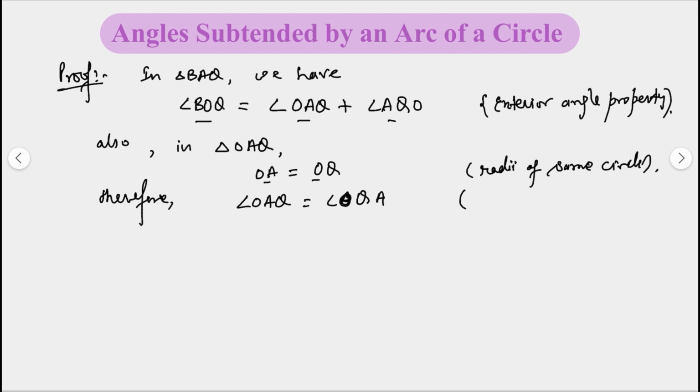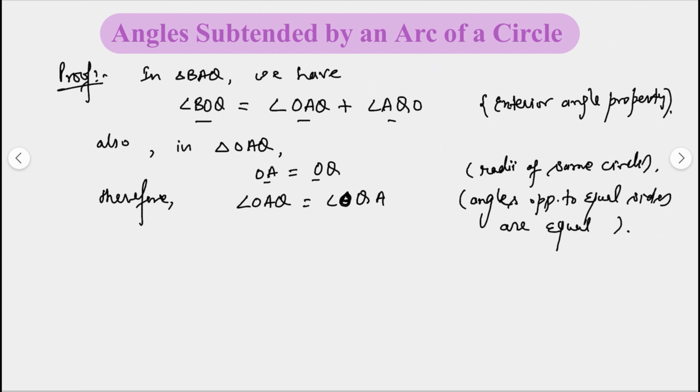This is by the angle opposite to the equal side. You can say angles opposite to equal sides are equal. That means this is not an equilateral triangle, this is an isosceles triangle.